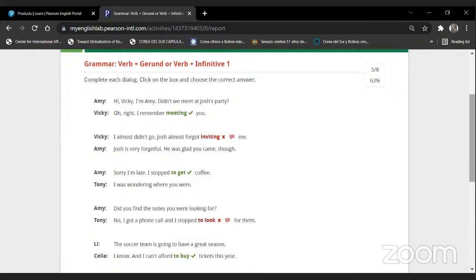And when you have infinitive, always only a noun. This happens with stop. Stop is one of those verbs. I think the other is remember, but we're going to see it in the next unit. Those are verbs that go with both.